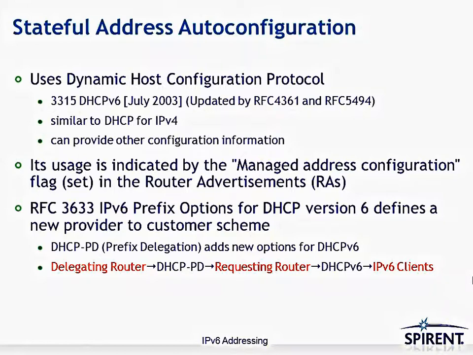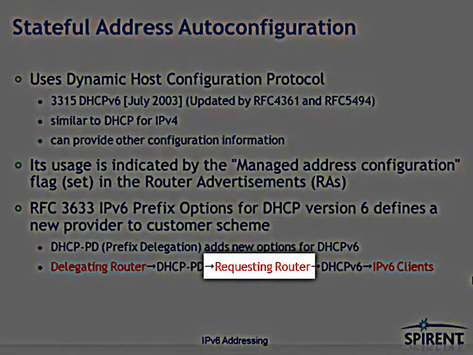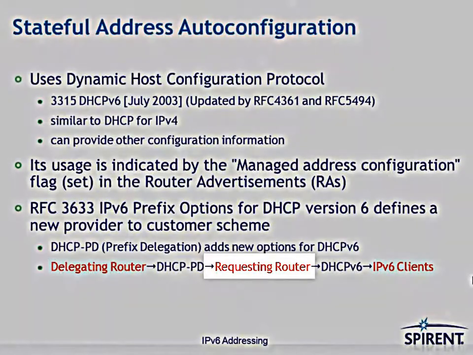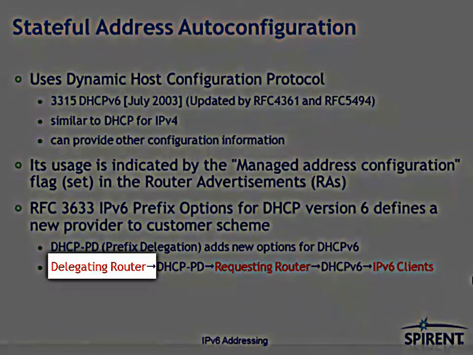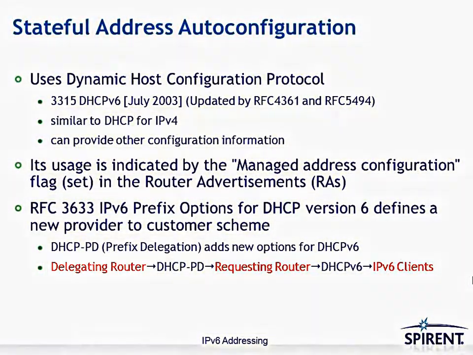which I described. There's also some options for DHCPv6 from RFC 3633, which describes a scheme called DHCP-PD, prefix delegation, and basically adds a few new options. So in a hierarchical manner, you would have at your site, your main router that connects to your ISP would be referred to as your requesting router, and so it can use DHCP, in fact the PD prefix delegation options, to request from a delegating router at the ISP an entire prefix range to use.